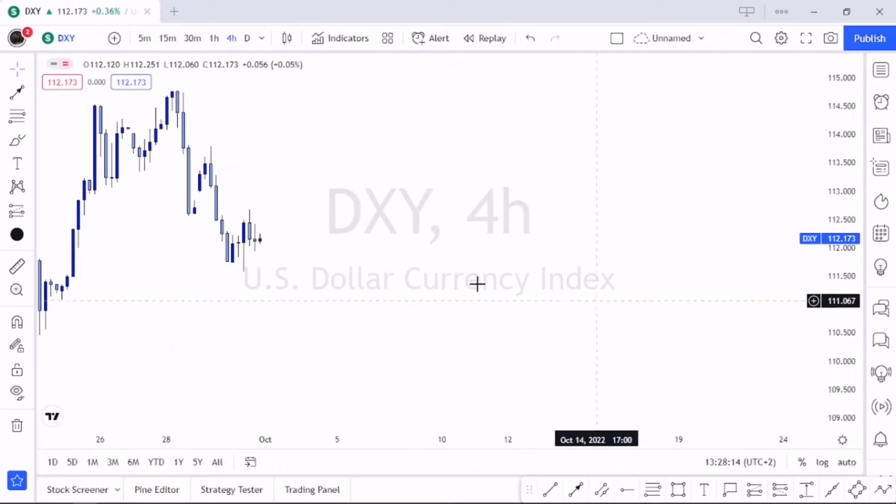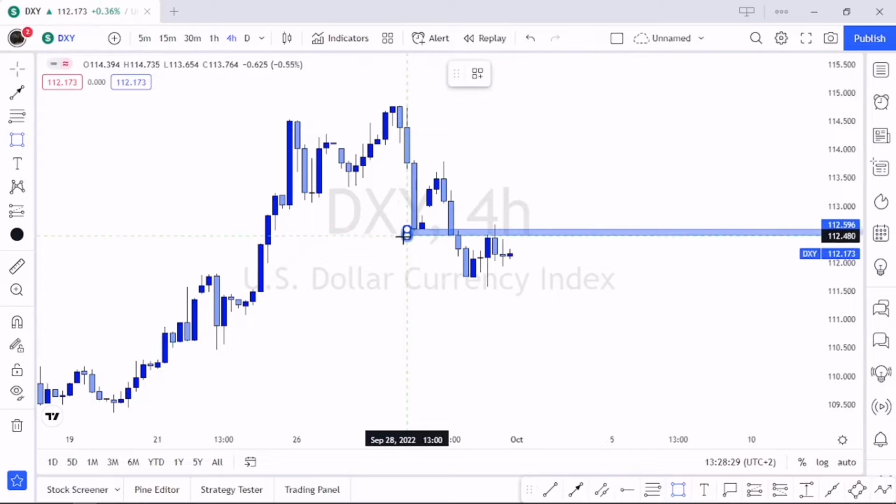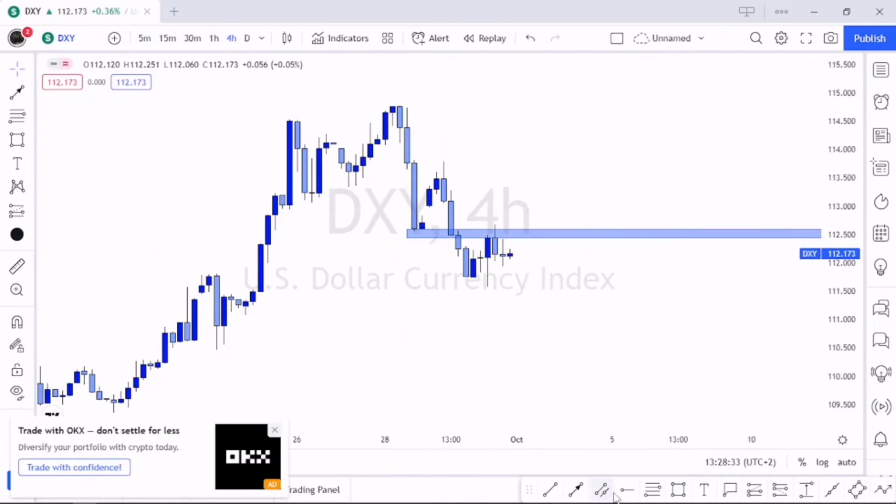So moving into it right here, we've got our first lower low, first lower high, and then second lower low. This could possibly be our second lower high. So we'll mark this at the retest level right here. Sorry about that. And we can expect price to reach these levels right here.